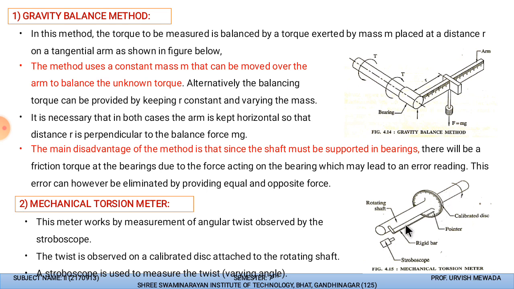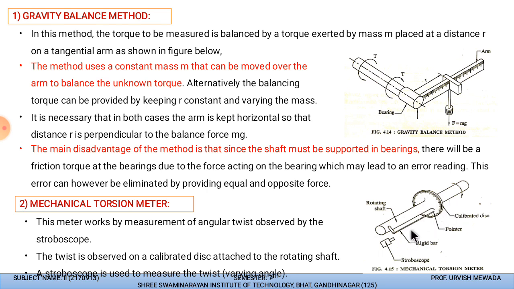So this pointer will show a steady mark when we set the stroboscope light blinking. Even if it is rotating, we can set the frequency of the stroboscope in such a way that we can see this shaft steady.